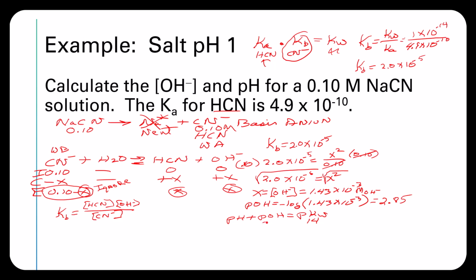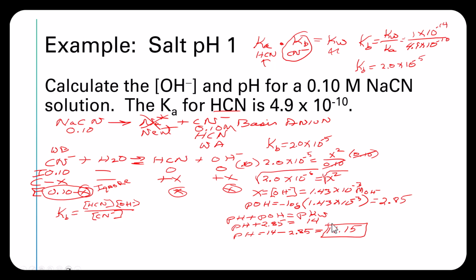We now know that the pOH is 2.85. And all we have to do to get the pH is subtract 2.85 from 14. So the pH will be equal to 14 minus 2.85, and I get 11.15.